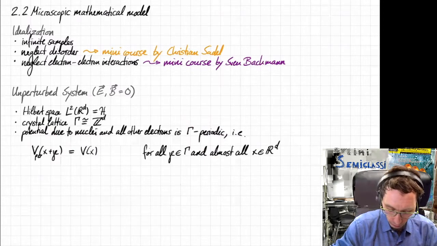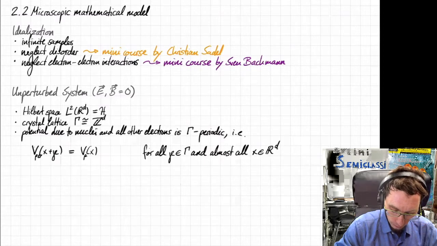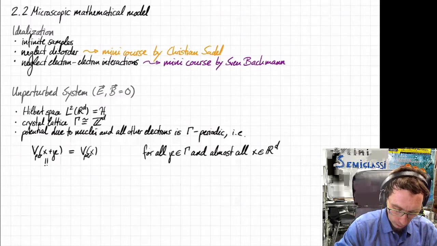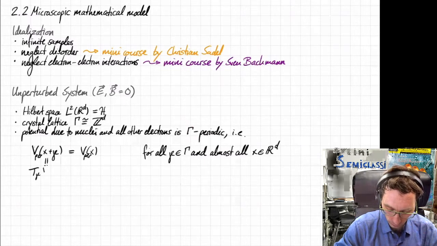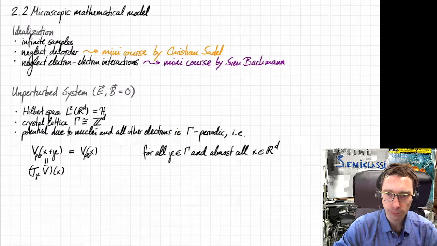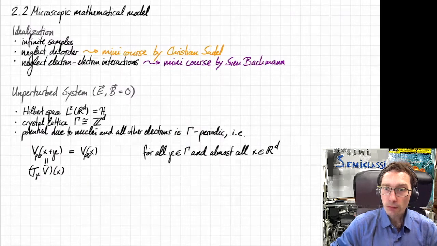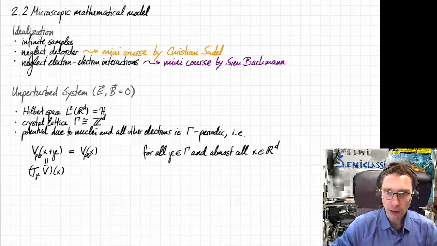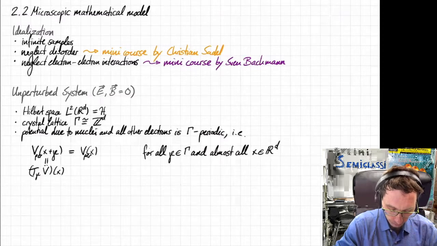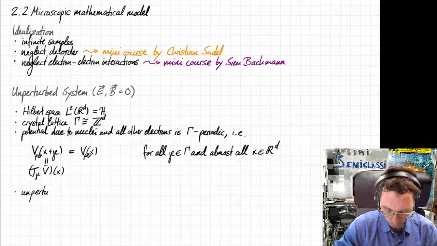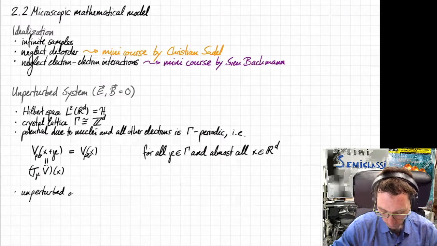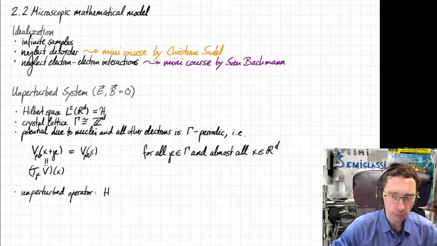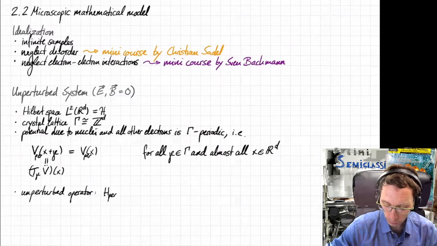Another way to write this down, by the way, is by using translation operators, which I will write as T gamma applied to V. All right, so now we can have a look at the unperturbed operator, and I will call this, no surprise there, the periodic operator.